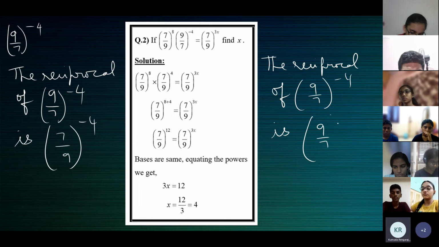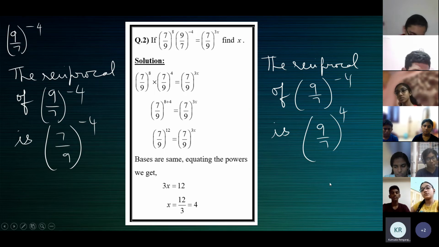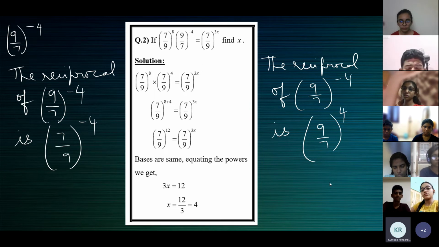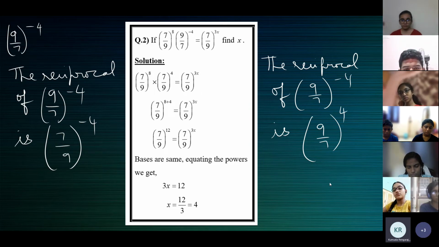I'm writing 9 by 7 as it is. So then make minus 4 plus 4. So if you apply one of these two rules, you are writing the reciprocal of the given exponential expression. If you apply both the rules at the same time, you are writing the equivalent of the given exponential expression.